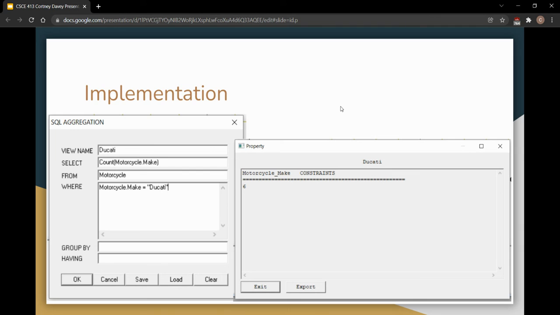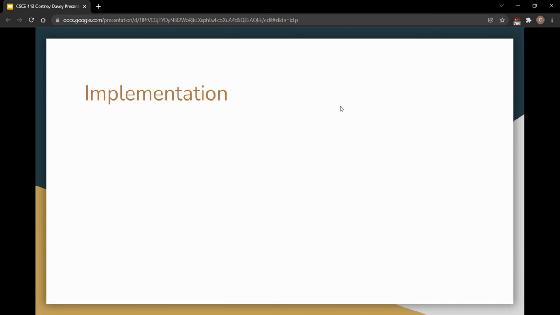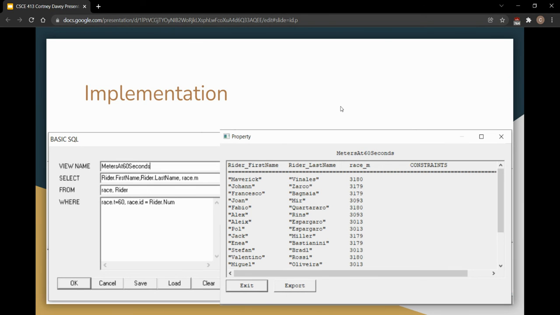Our next query selects how many motorcycles are Ducatis. We select count from motorcycle, where motorcycle make equals Ducati, and there are 6 Ducatis in this race. For our last query, we're selecting how many meters are completed in the race at 60 seconds for each rider.